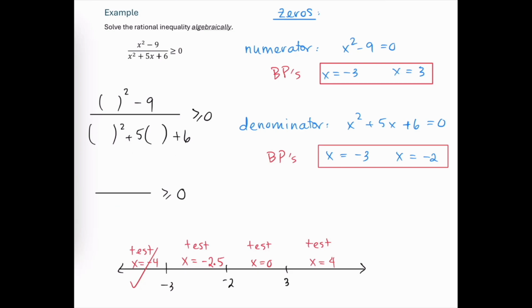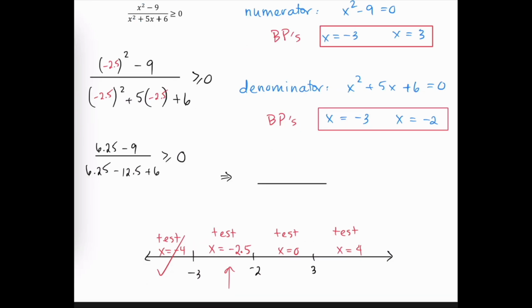So we move into the next interval now by testing negative 2.5. So negative 2.5 goes in for all these x values. Negative 2.5 squared here is going to be positive 6.25 minus 9 in the top. Again, we have positive 6.25 in this position. 5 times negative 2.5 is negative 12.5 plus 6. 6.25 minus 9 in the numerator is negative 2.75.